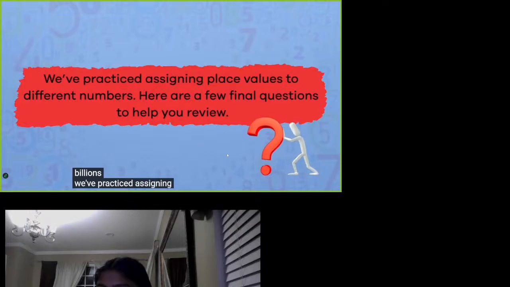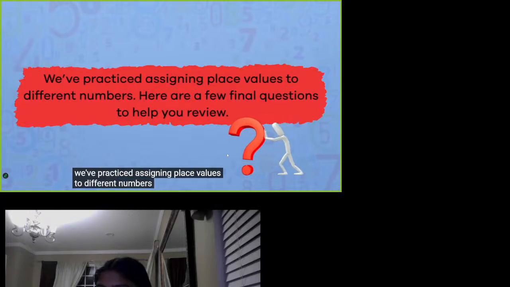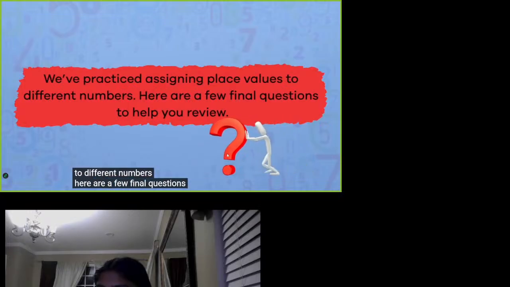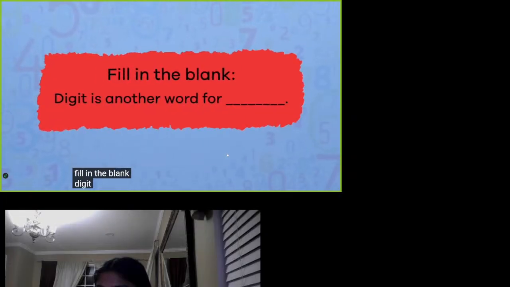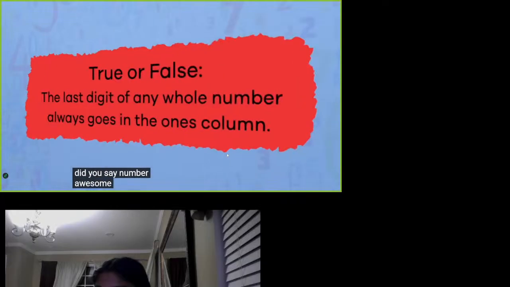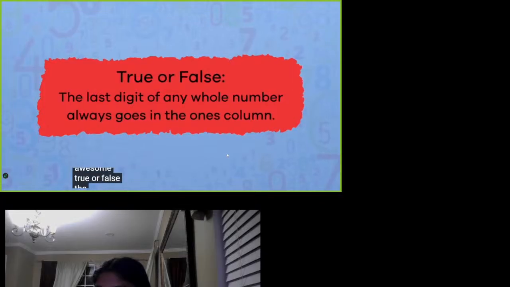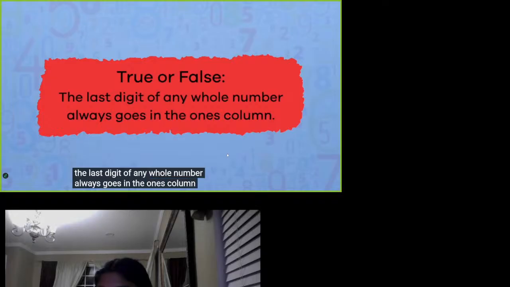We've practiced assigning place values to different numbers. Here are a few final questions to help you review. Fill in the blank. Digit is another word for... Did you say number? Awesome! True or false? The last digit of any whole number always goes in the ones column. True!